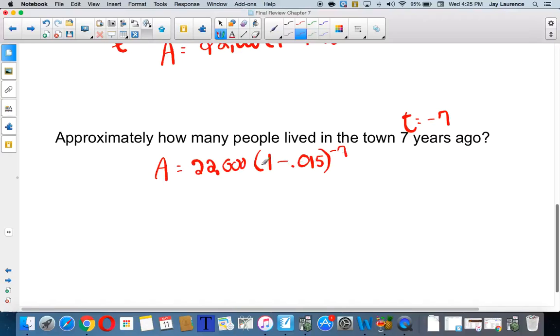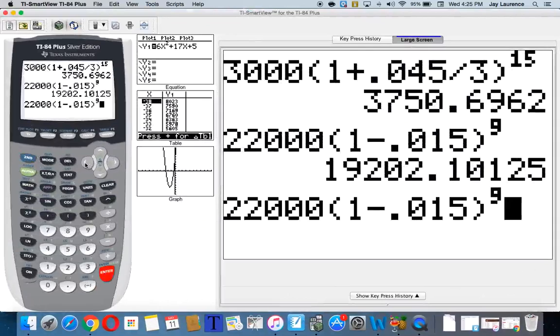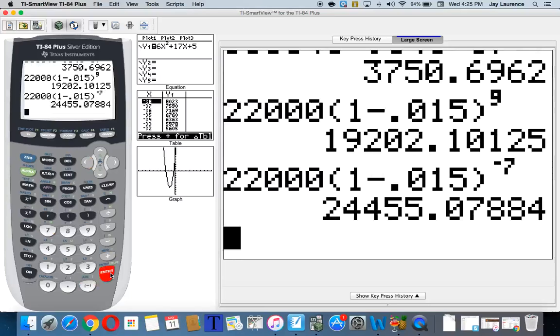And this will travel back in time and tell me approximately how many people were there. So I can just do a second enter, so I don't have to retype everything. Arrow up to the 9 and change it to a negative 7. And there we go. There were approximately 24,455 people. And I really like my answer because the number of people went up. There were more people in the past, right?